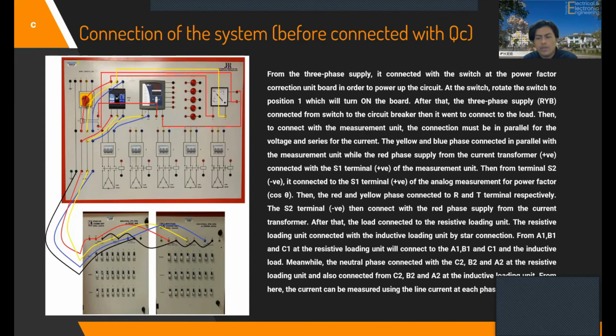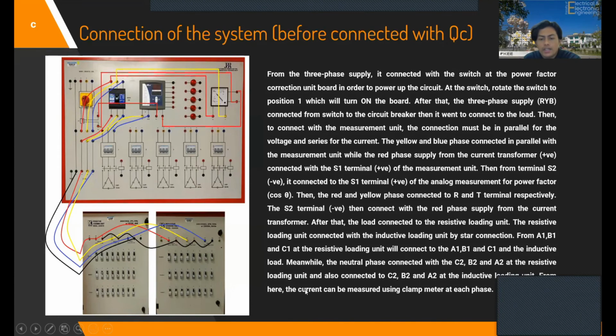A1, B1, and C1 at the resistive loading unit will be connected to the A1, B1, and C1 at the inductive load. Meanwhile, the neutral phase is connected with the C2, B2, and A2 at the resistive loading unit, and also connected to the C2, B2, and A2 at the inductive loading unit.